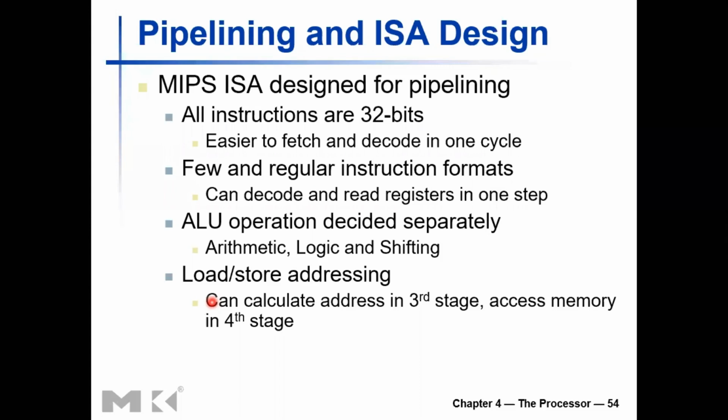Now this operation, the address computation, can be done in the ALU stage, the execution stage, and the memory access can be done in the fourth stage, right? So the design was done like that, keeping in mind that these two operations will happen at 2 different clock cycles. So MIPS is designed for pipelining, actually, not for a single cycle implementation. Right. Okay.